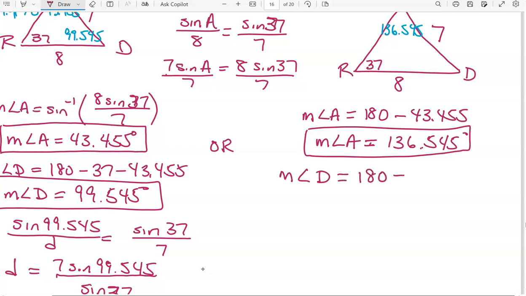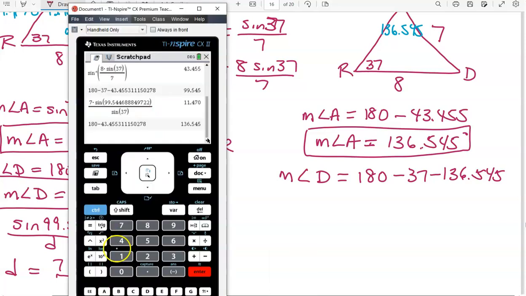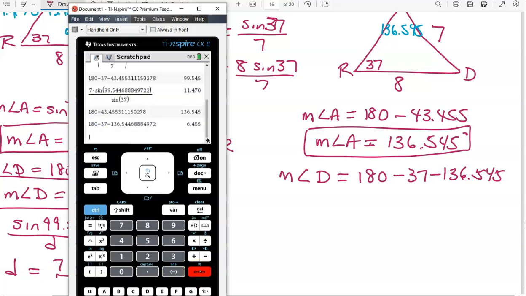That is 180 degrees minus the 37 minus the 136.545 that we just found. And I'm going to be sure to use the answer feature to take that with all of the decimal places that belong with it for our next calculation. So measure of angle D is 6.455.